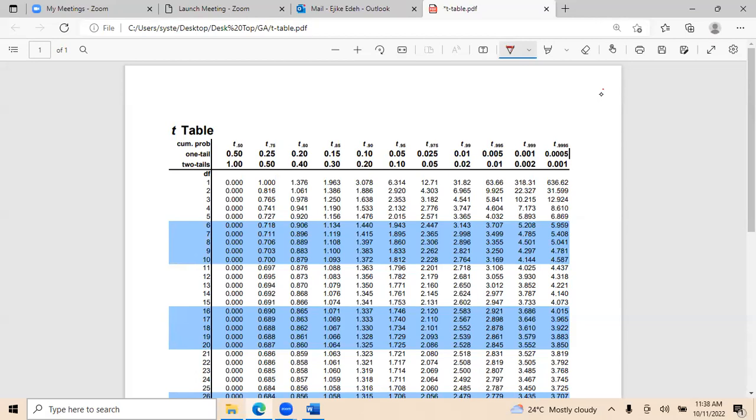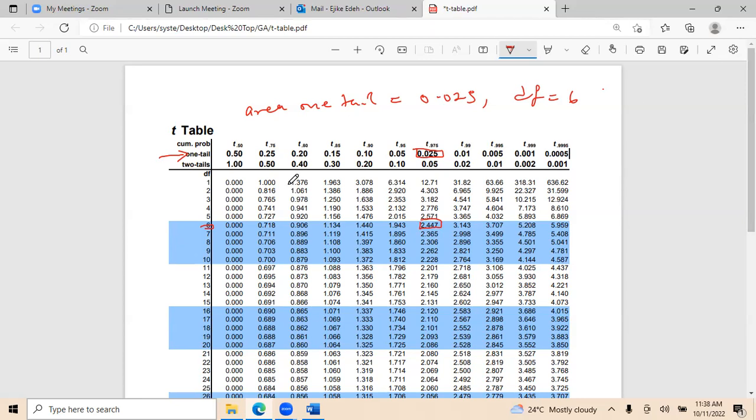So on this T table, we are looking for an area of one tail that is equivalent to 0.025, and we are looking for degree of freedom of 6. So if you go along one tail, we're going to get 0.025 over here. And then you're looking for degree of freedom 6. So if you trace where those two meet, you have 2.447.